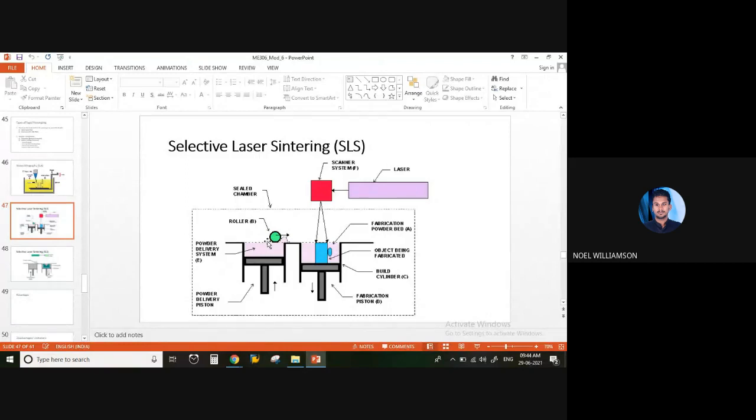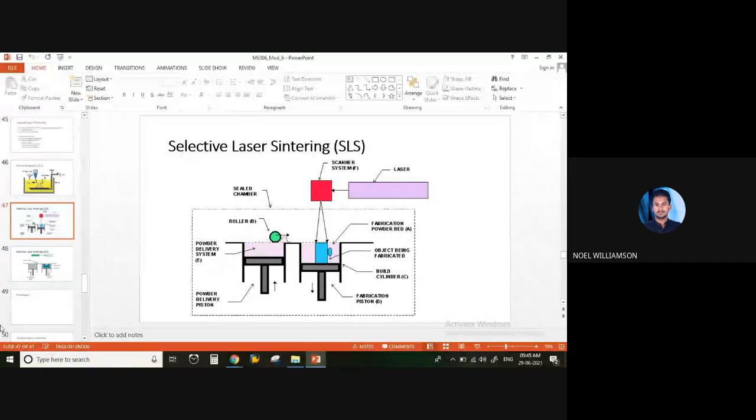Layer by layer, we are producing the particular product by the sintering process, and the sintering is done by irradiating the layer with the help of a laser. So this was the basic working.